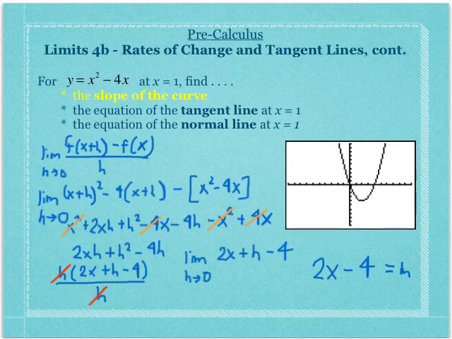So for instance, at x equals 1, I could put a 1 in place of x. I'd get 2 minus 4, which is negative 2. And that does kind of make sense. If I look at 1, it looks like the slope indeed at 1 will be negative. So that definitely fits the bill. So my answer there is 2x minus 4. That's the slope at that particular point.